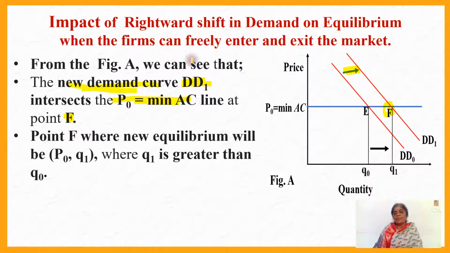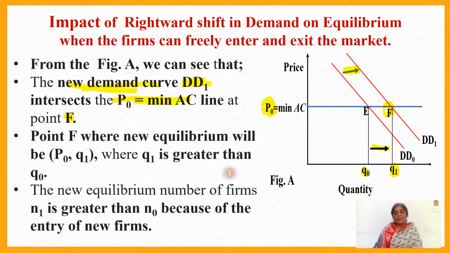And at the new equilibrium point, the quantity is Q1 and the price is P0. Price didn't change. At the new equilibrium, price remains the same P0, but only quantity has increased. It is greater than the initial quantity Q0.